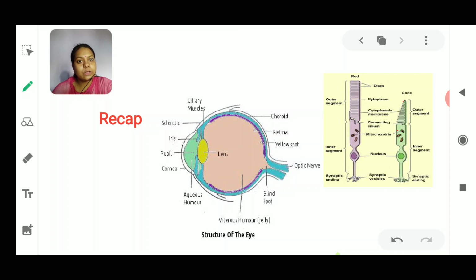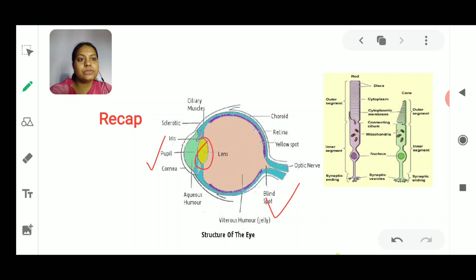Now we have also discussed the structure of the human eye. As you can see in the diagram at the back of this slide, the human eye consists of many parts like the ciliary muscles, the sclera, the iris, pupil, cornea, and the eye lens.